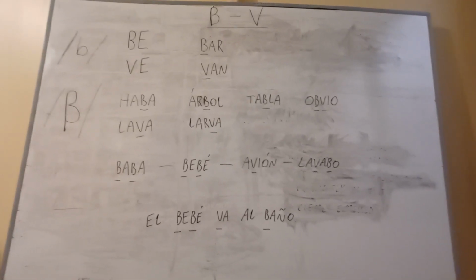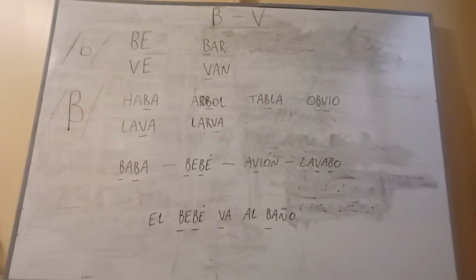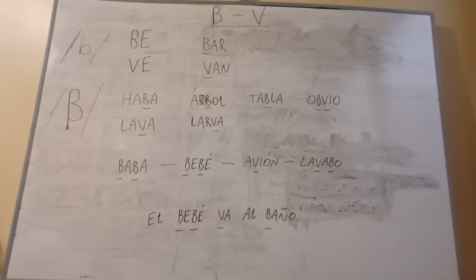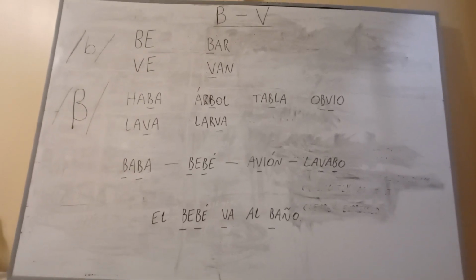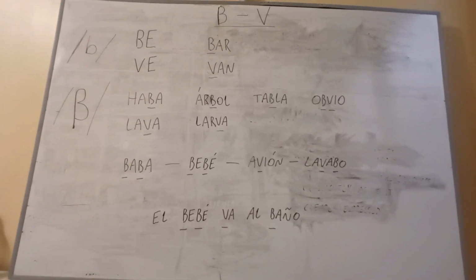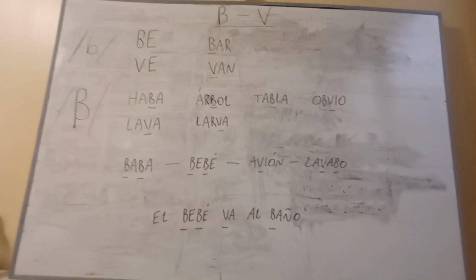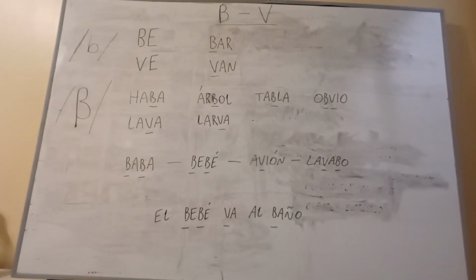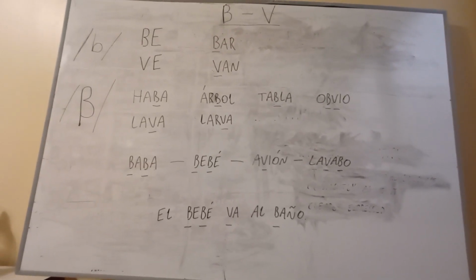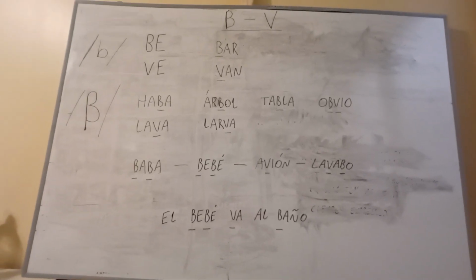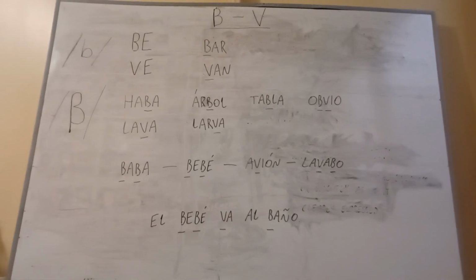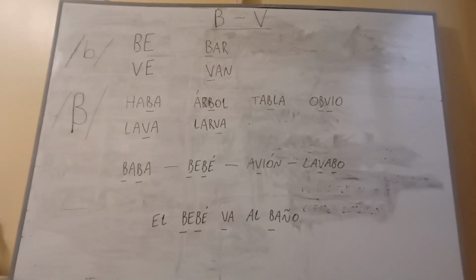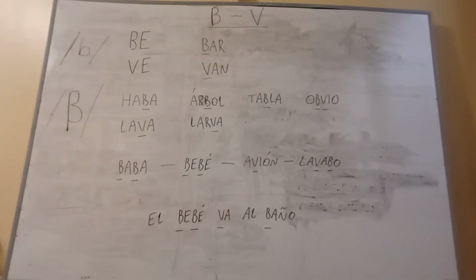And this is also why many native speakers think that they pronounce the labiodental v when they are actually pronouncing the approximant v. So the third example is avión.